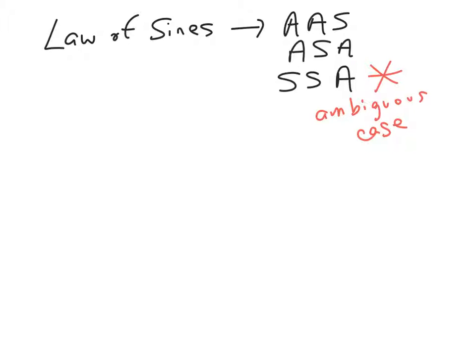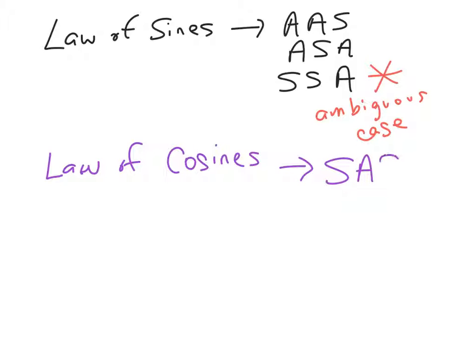So you need to judge. It helps to draw it out, but you'll need to judge what scenario you have. And then the law of cosines is good for two scenarios, and that is two sides with the angle in between. That's different from the ambiguous case because we're talking about the angle in the middle as opposed to the angle being outside.